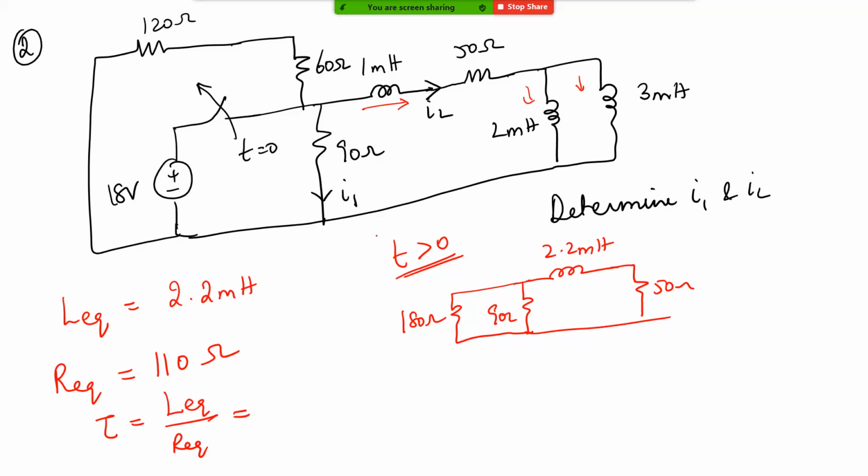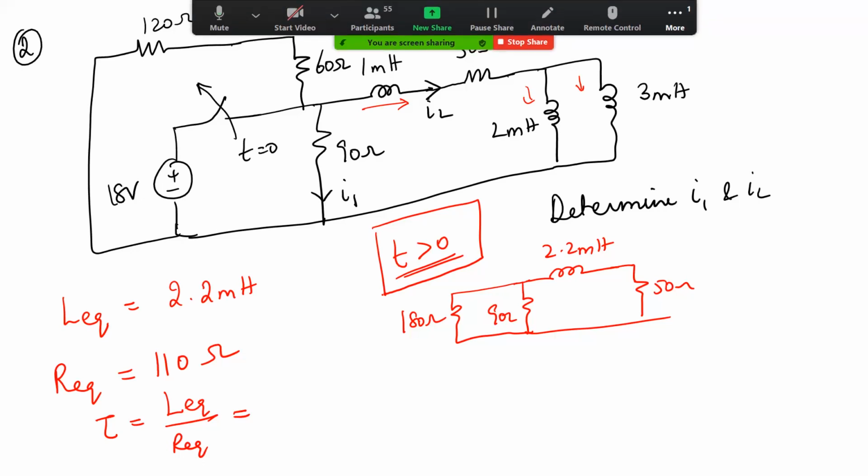No, as I mentioned, first of all, this is the circuit after t equal to 0. After t equal to 0, the voltage source does not come into the picture at all. Before t equal to 0, it is a steady state condition, and therefore there is no transient happening there.